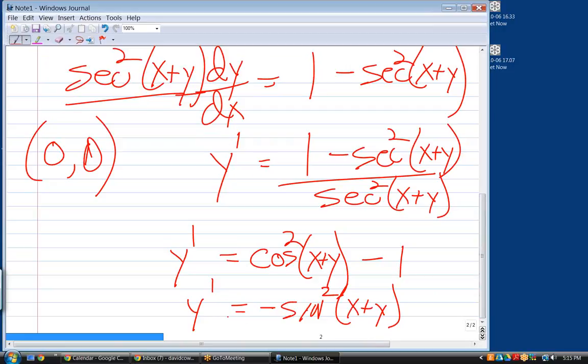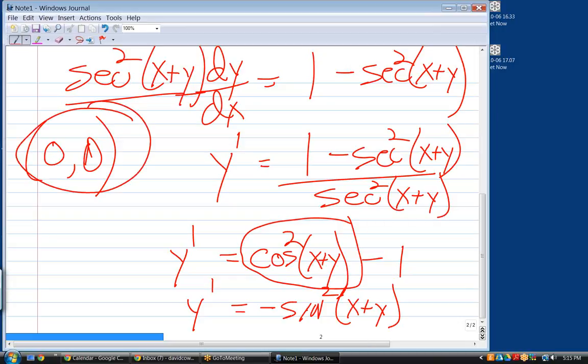The cosine of 0 is 1. So this would be 1, but then 1 minus 1 would be 0. So y prime is 0. The slope of the tangent line at the point 0, 0 is 0. It's a horizontal line. All right.